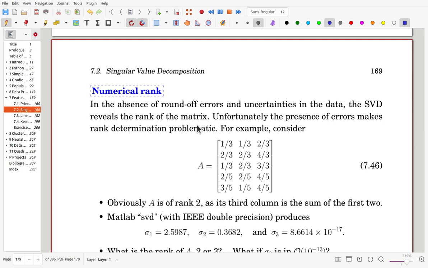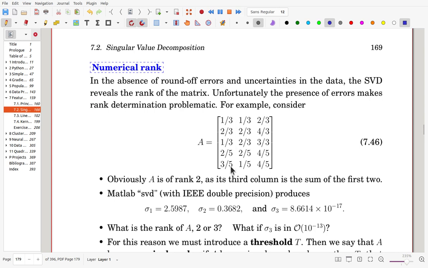But unfortunately, some errors and also round-off errors are involved in the computation, so determining the rank is problematic. For example, we consider this matrix, where the first column plus the second column gives the third column.